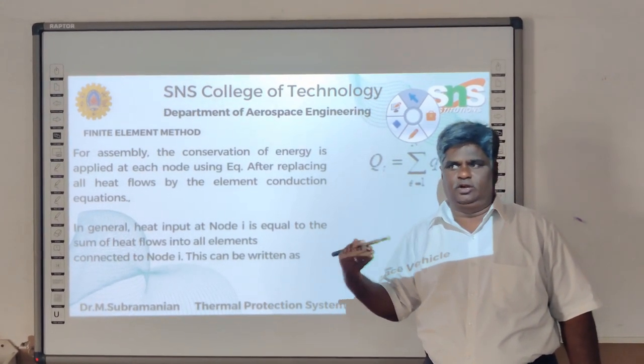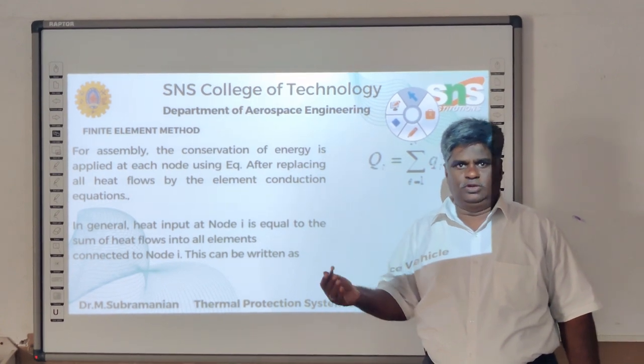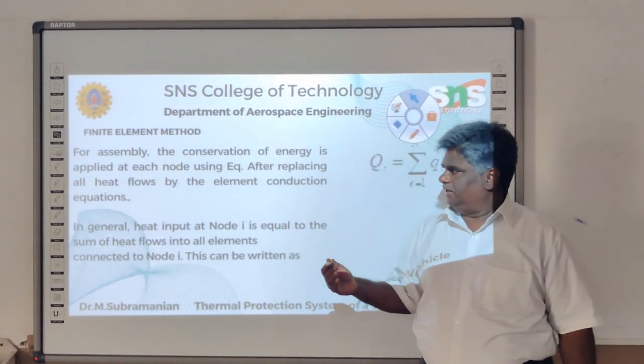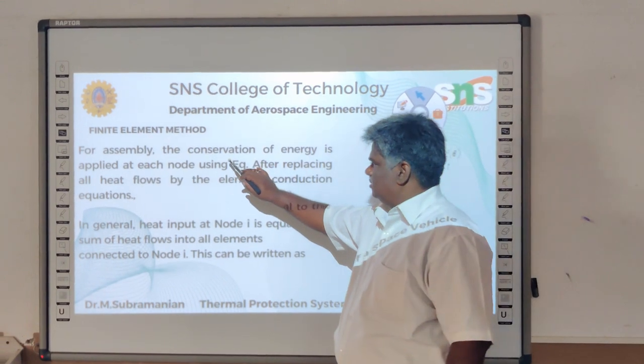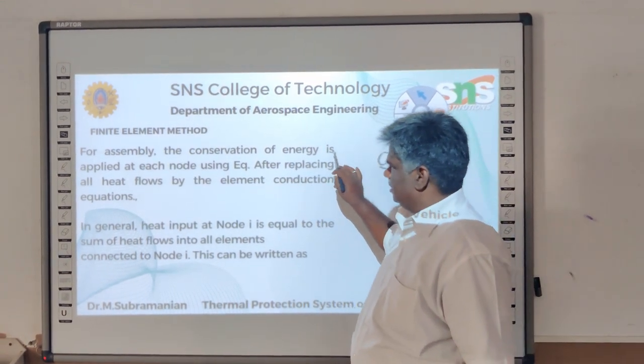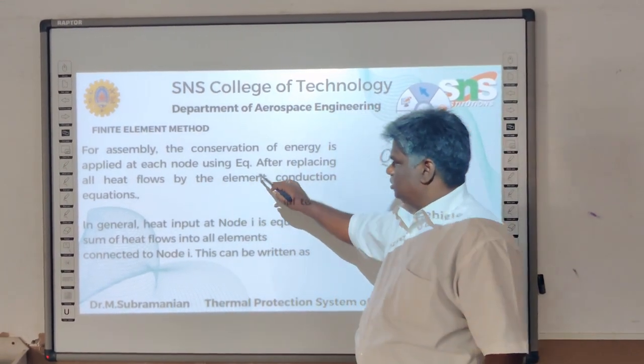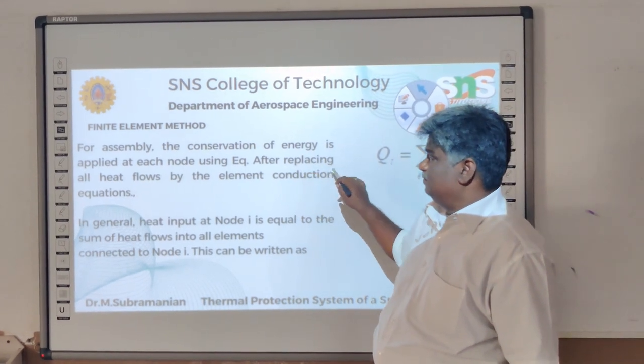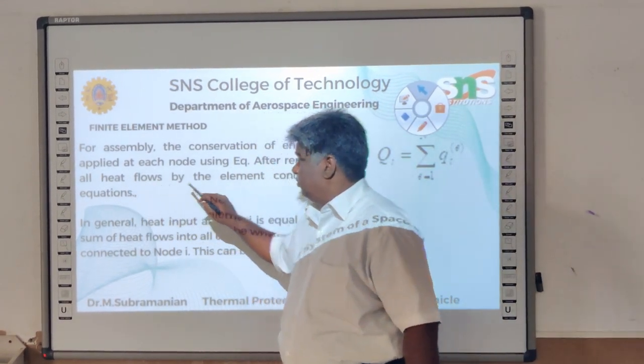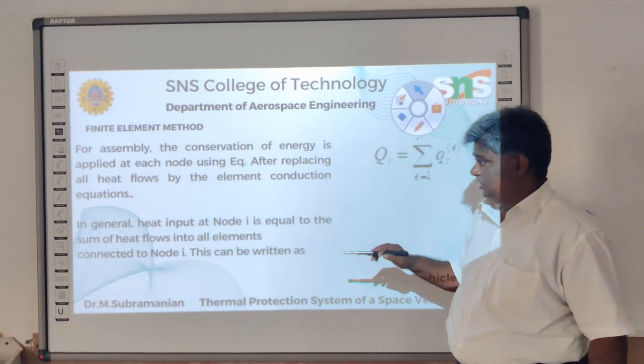Then finally we have to formulate the global stiffness matrix, the assembly. Conservation of energy is applied at each node, replacing all the heat flow by the element conduction equation.